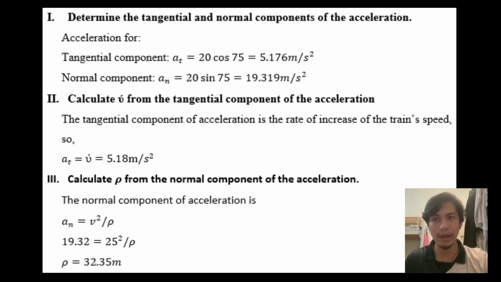For the third step, calculate rho, which is the radius of the path, from the normal component of the acceleration.